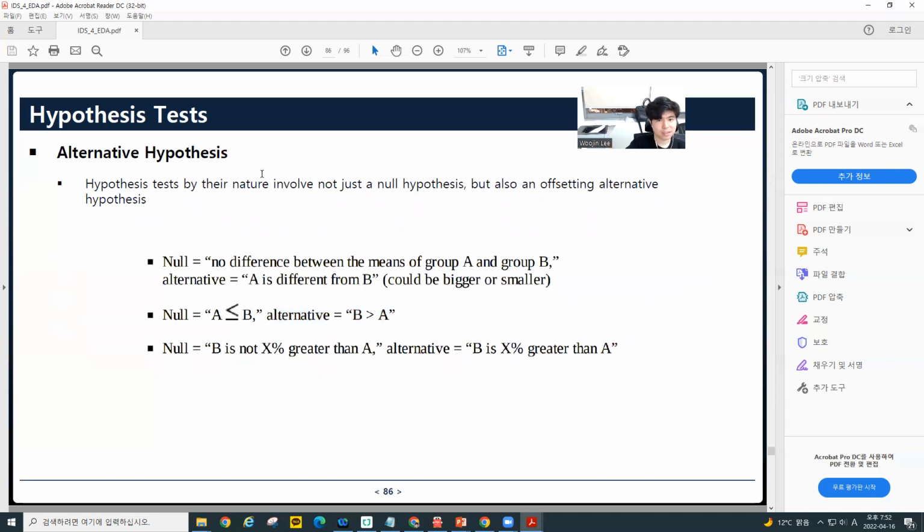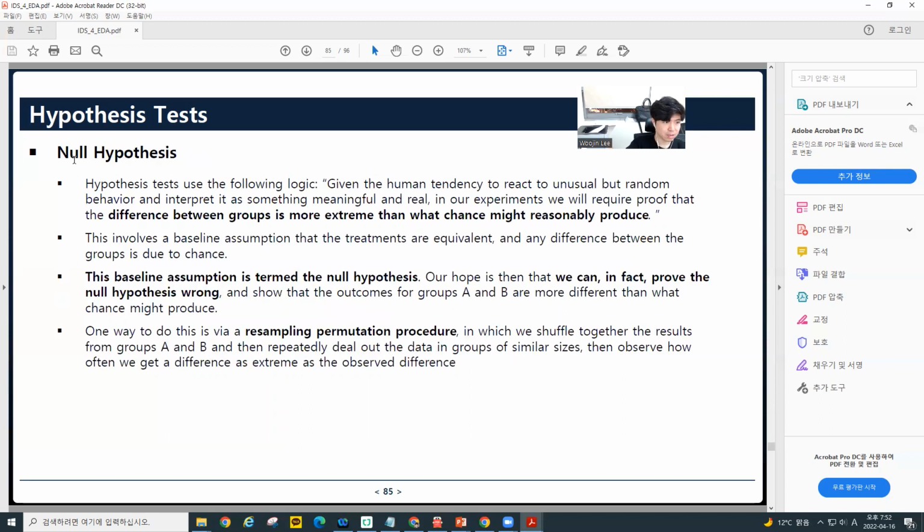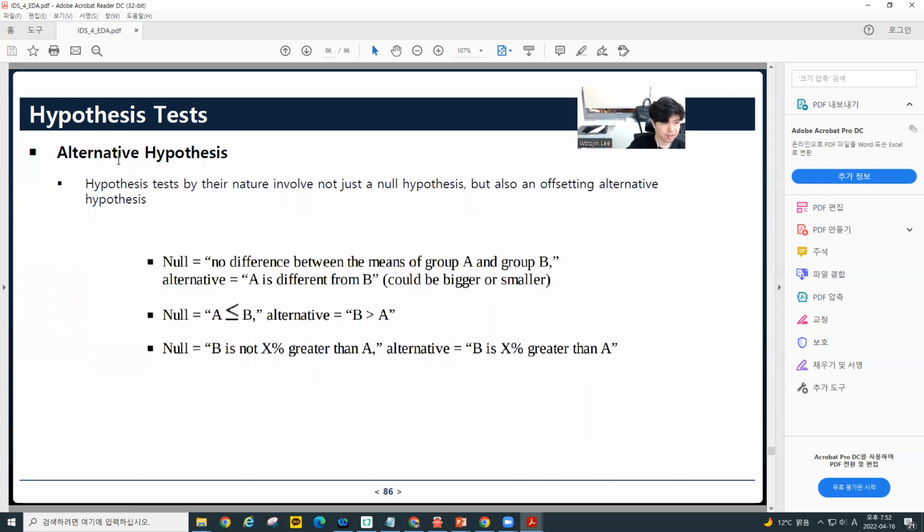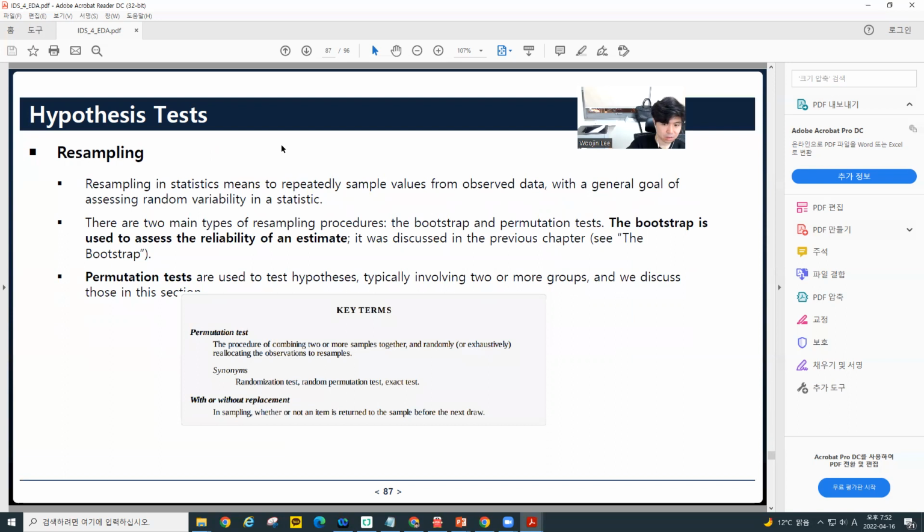Since we have learned about the null hypothesis and the alternative hypothesis, we are going to learn about one way to do the experiment test by using resampling and bootstrapping.